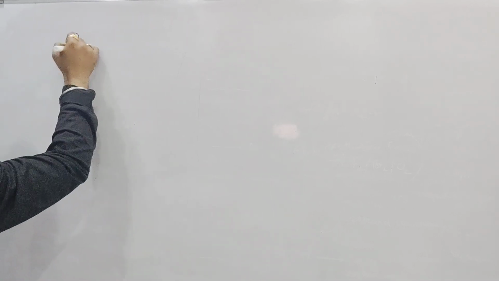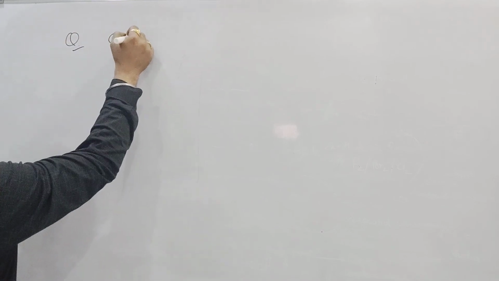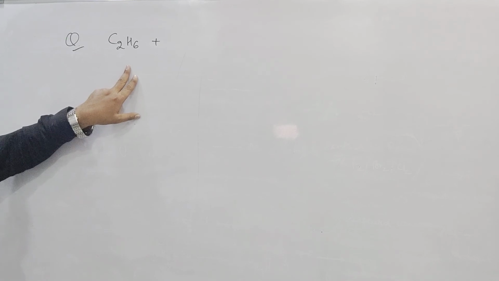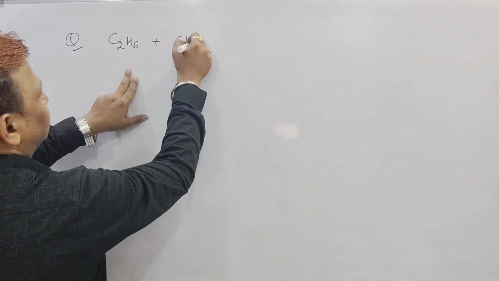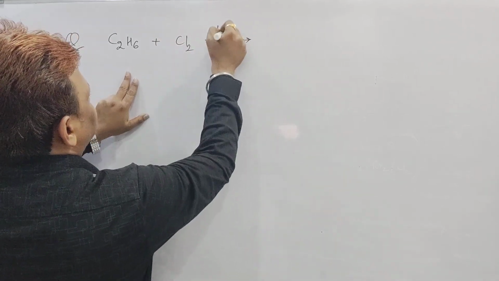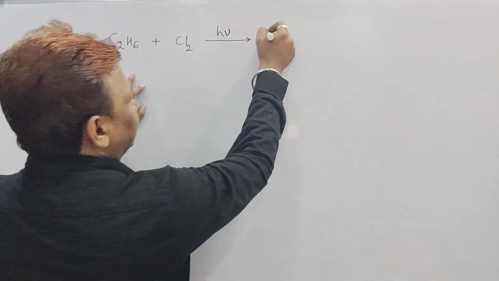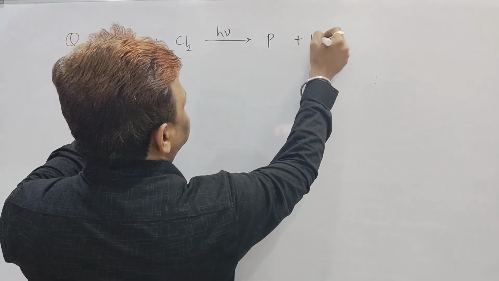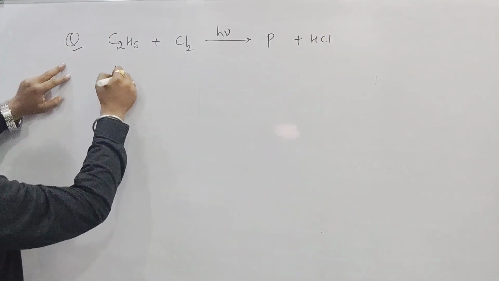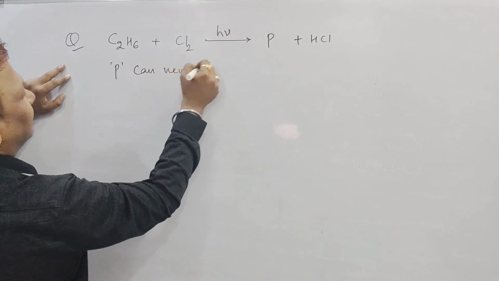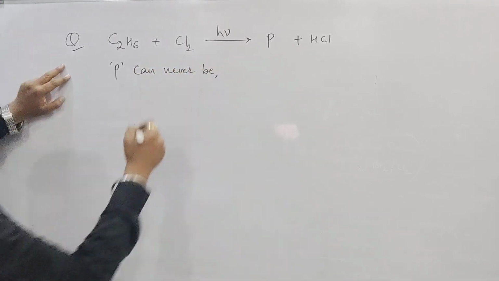Here you can see a question. This is ethane, meaning alkane. It combines with the halogen Cl2 in presence of sunlight, and we got P and HCl. They are asking, P can never be what?